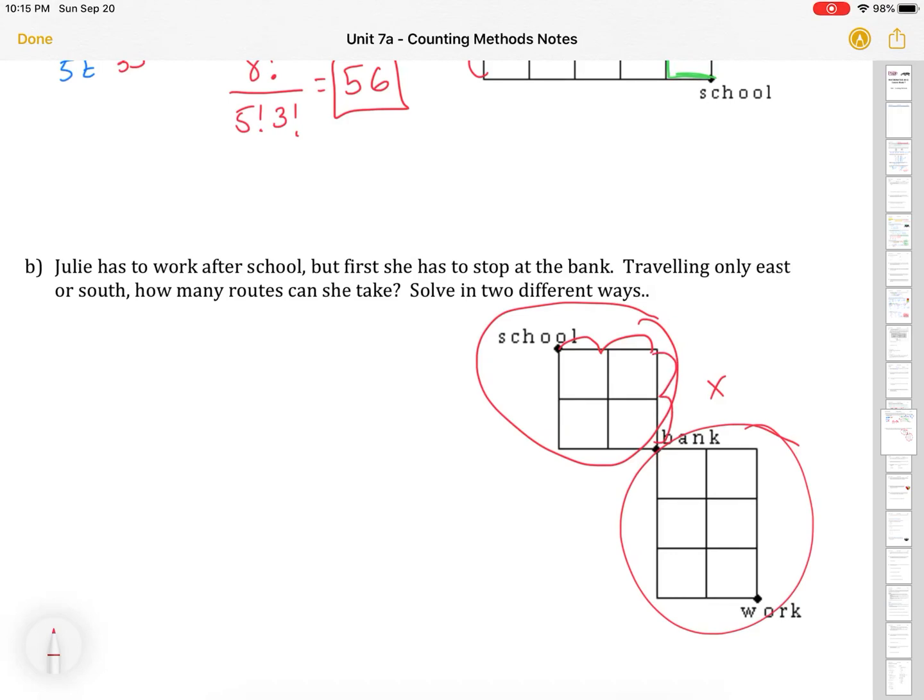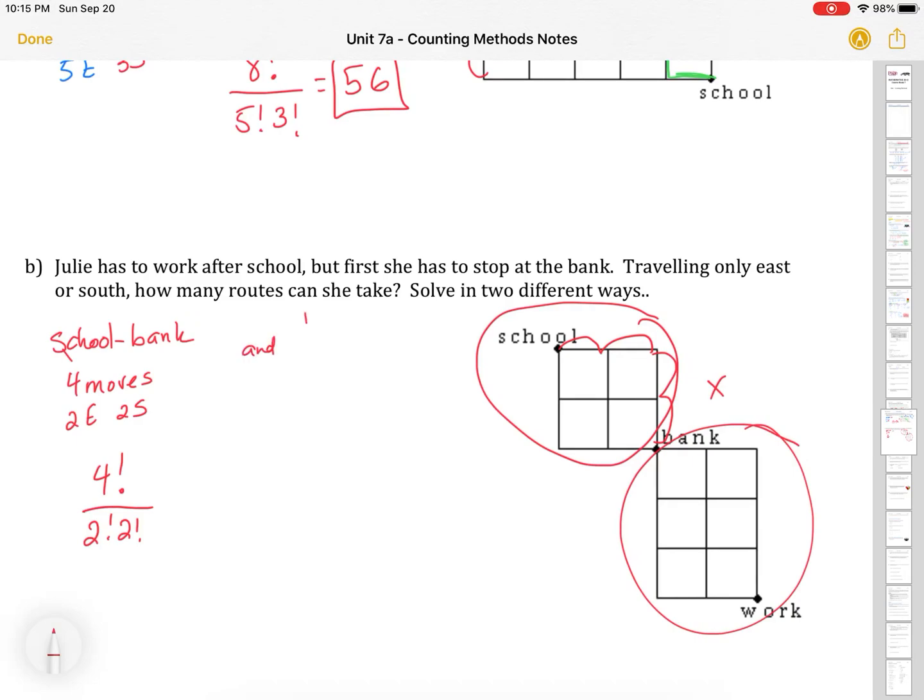So let's take a look. For school, she goes 2 east and 2 south. So there's 4 moves in total. So school to bank, she has 4 moves, 2 east and 2 south.